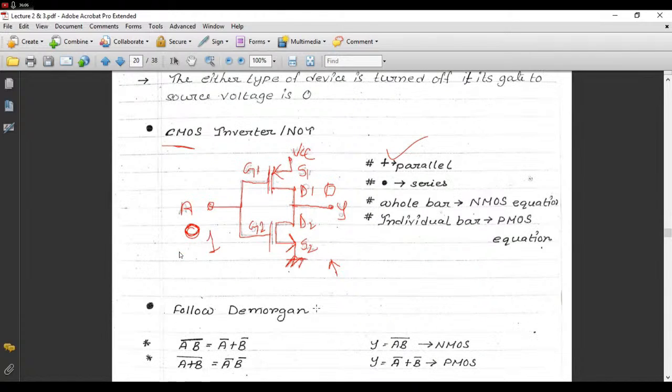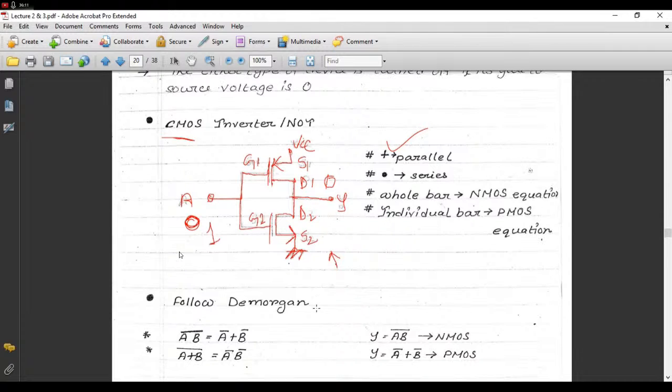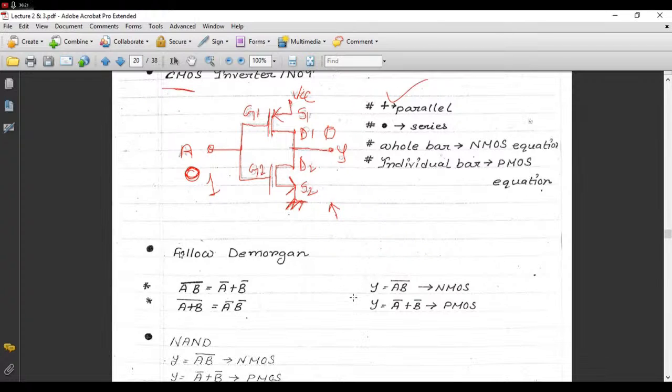Now over here we must follow De Morgan's theorem. Why are we using De Morgan's theorem? Because without knowing De Morgan's theorem, we won't be able to design any sort of CMOS. If you look carefully, the whole bar represents the NMOS equation and individual bars represent the PMOS equation. When you have a NAND gate, this is a NAND equation, a Boolean expression.